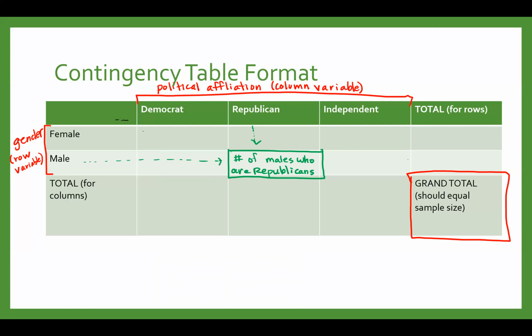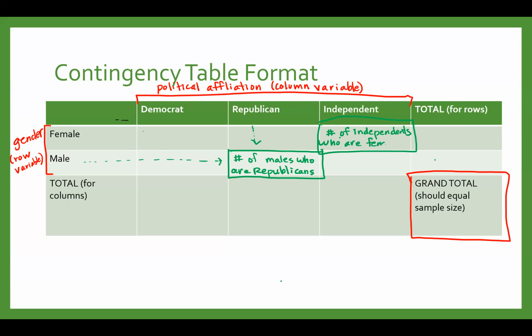If I went to this block, I'm now in the female row and the independent column. So this would be the number of independents who are female.